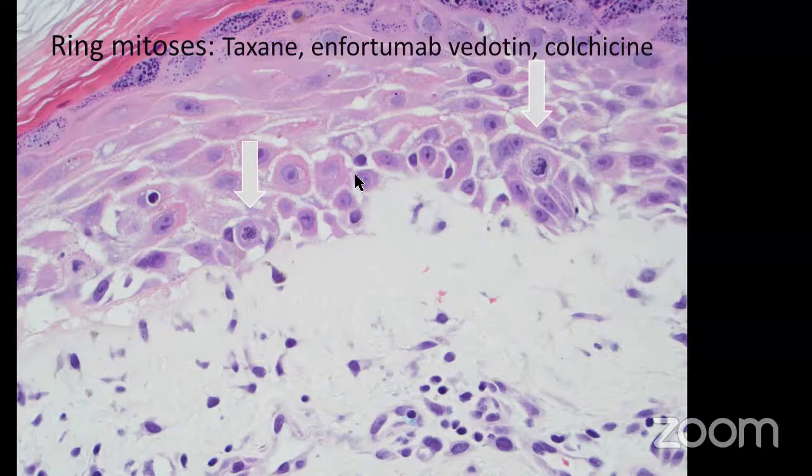And then you can also sometimes see some maturation disorder, maybe a little bit of atypia within the epidermis, and then these sort of splat mitoses or ring-like mitoses that are not completely specific, but have been described in various drug eruptions, including taxane, enfortumab, vetoin, and colchicine. So if you see those ring mitoses, you've got to think of those as the cause.